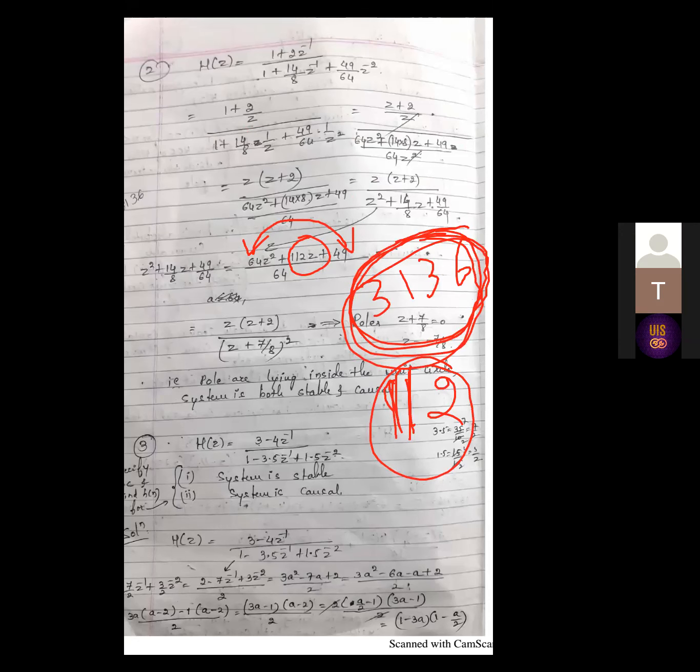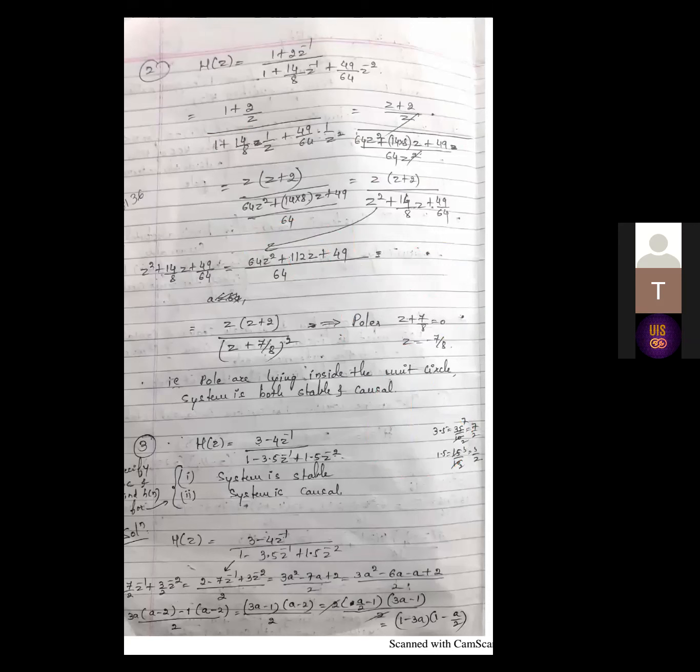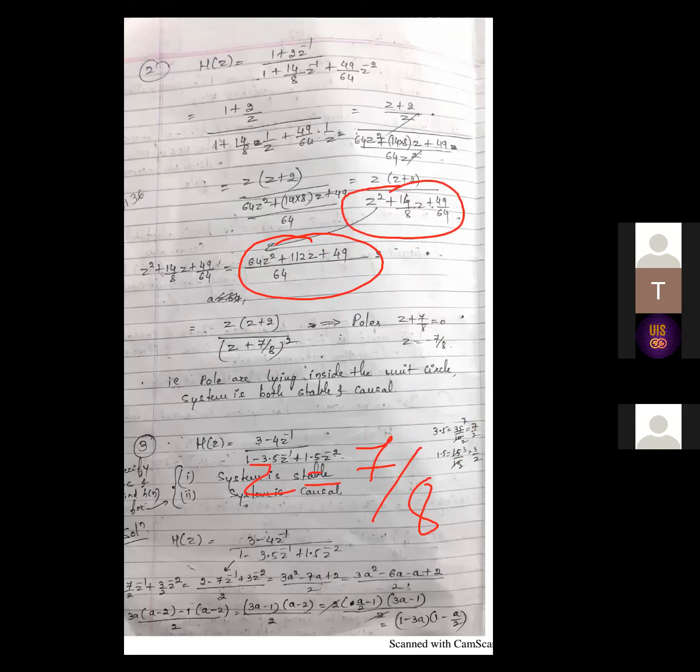But if you check your calculators and solve this quadratic equation, you will get the root value as 7 by 8. You have same and repeated roots. That's why the denominator you can write like this.